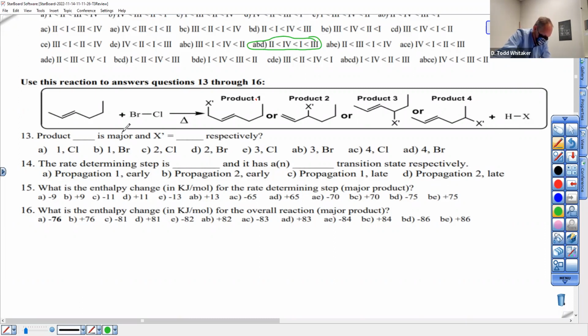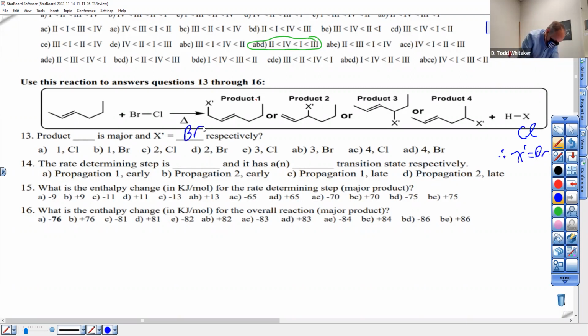That's why the Br got on the chain and the Cl means HCl. HCl is the driving force. So X is the Cl, X prime is the Br. We like the Cl, therefore X prime equals Br.